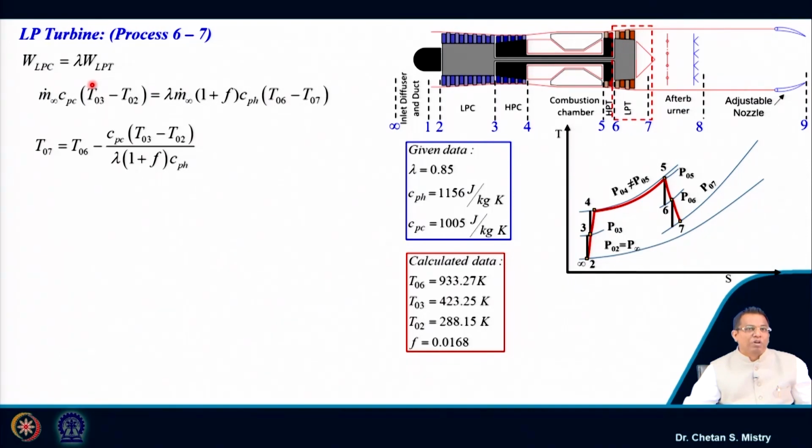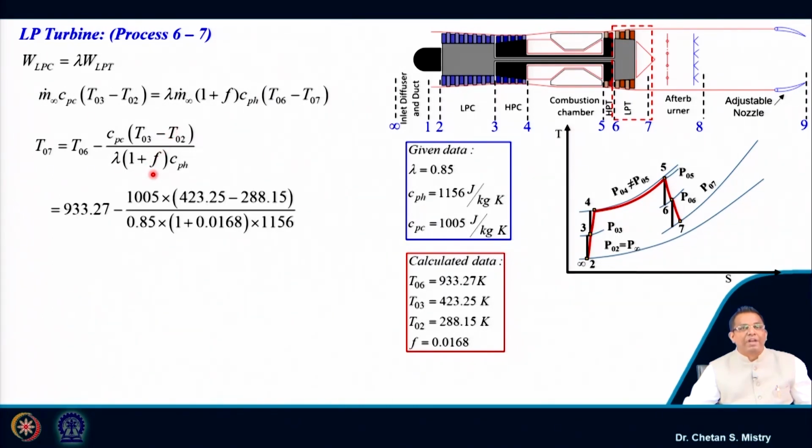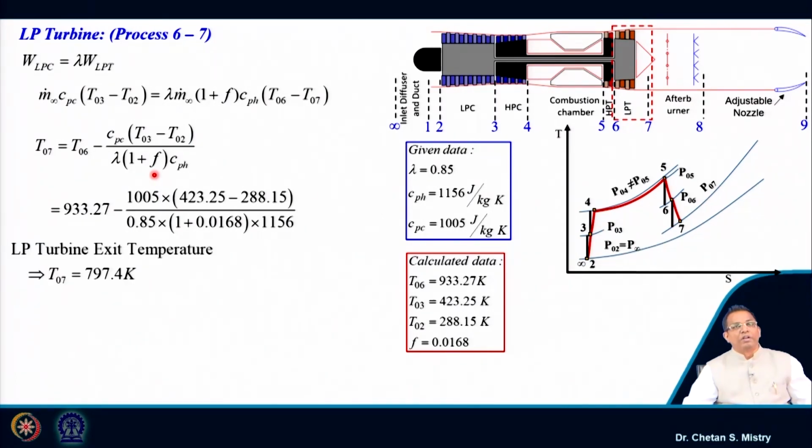Let us put all these numbers, because we know my T03, my T02, mechanical efficiency, fuel air ratio, Cp value, all this together will give me my exit temperature to be 797.4 Kelvin.